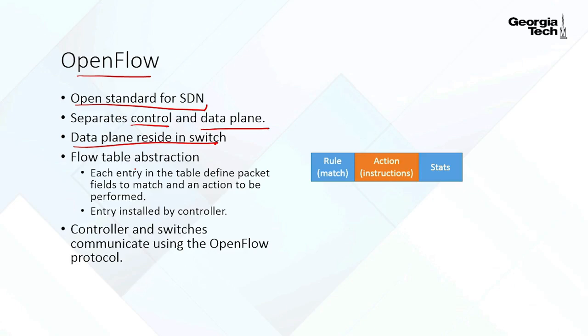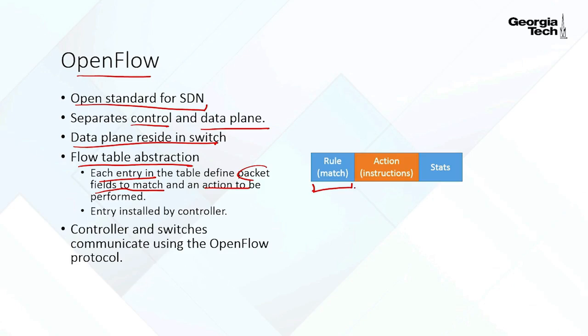So the data path of an OpenFlow switch presents a clean flow table abstraction. Each entry in the table defines packet fields to match and an action to be performed. We can see this in the image we have here. So we have a rule. Basically, we could be matching IPs, MAC addresses, or the Ethernet type of packets that are being sent.